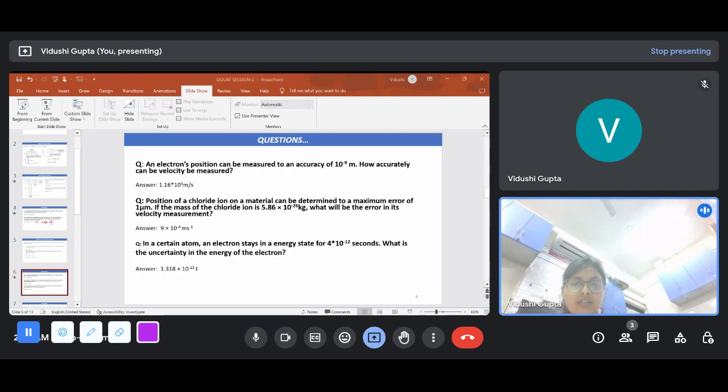And you know the speed of light, plus lambda naught at 680 into 10 minus 9.